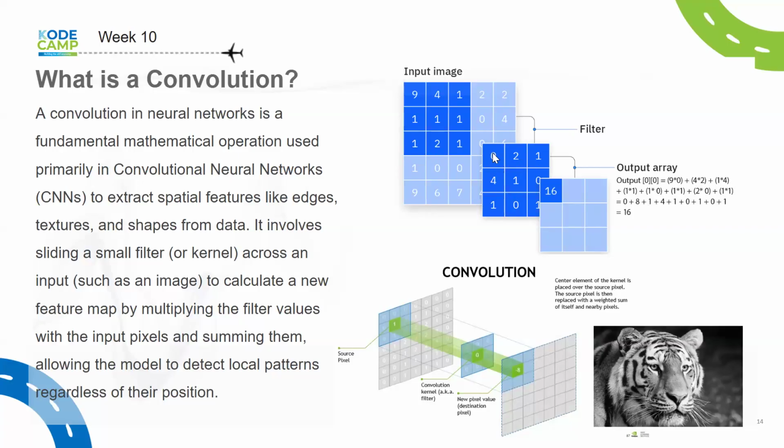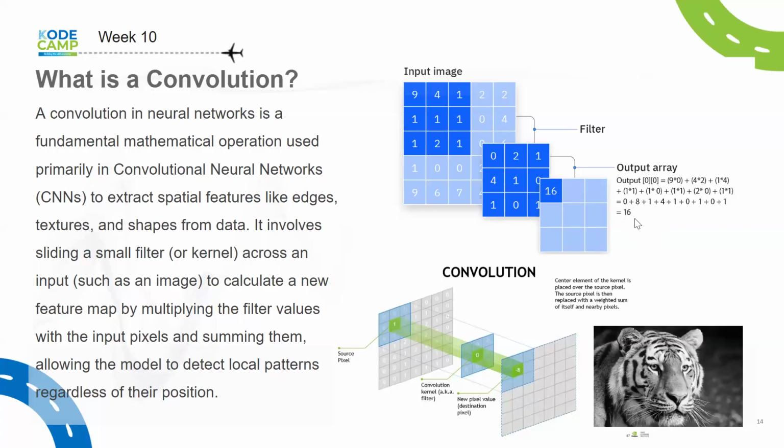So each corresponding pixel is multiplied by the cell in the filter that is mapped to that pixel. When you multiply it, 1 times 1, 1 times 4, 1 times 1, 1 times 0, 1 times 1, 2 times 0, 1 times 1, you now sum. That's why it is a sum product.